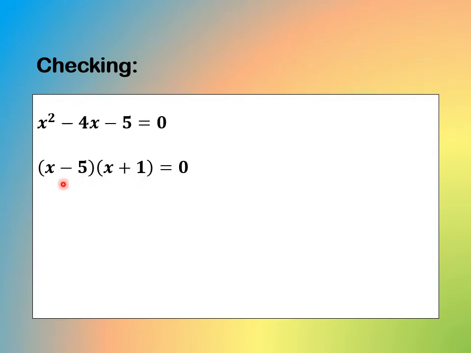So, we have the factors of the quantity x minus 5 times the quantity x plus 1 is equal to 0. Now, by using the zero product property, kailangan ang matitira sa left side ay si x. So, ano i-add natin dito kay minus 5? Para maging 0 siya dito sa left side. So, kung ano in-add natin dito, yun din ang i-add natin sa right side ng equation.